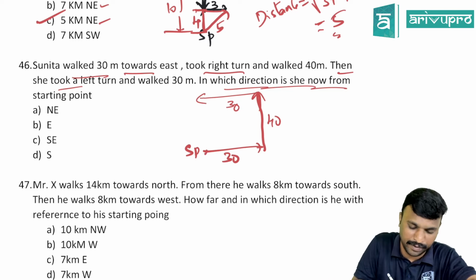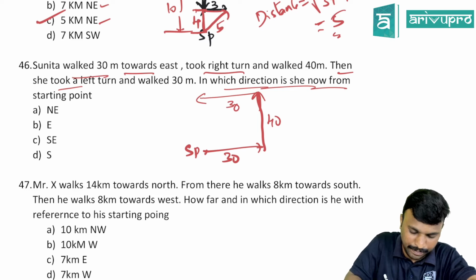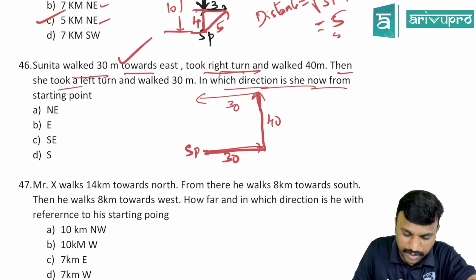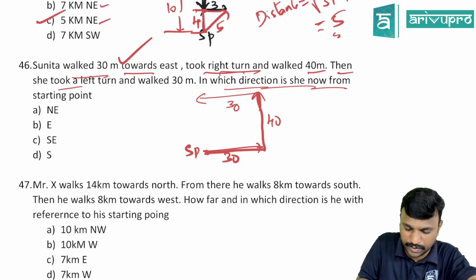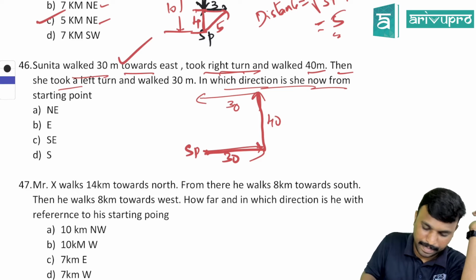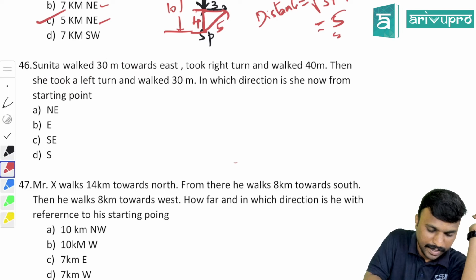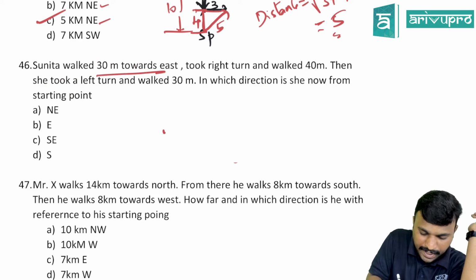So how many turns did she take? She walked 30 meters to the east. All right, that is a tick. She took a right turn and walked 40. So east, right turn is what? Oh, there's a mistake here. Guys, from the starting point, she walked 30 meters towards east.